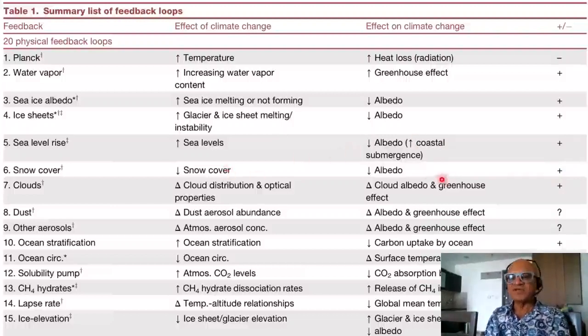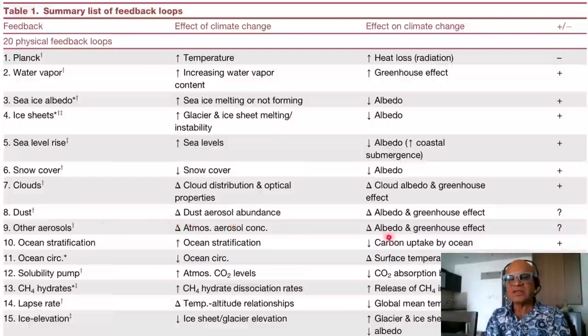Snow cover, of course, reduces albedo and is a positive feedback. Delta cloud distribution and optical properties here is listed as a positive feedback, but you may want to do your own research because it is not really so obvious that the net cloud feedback is positive.